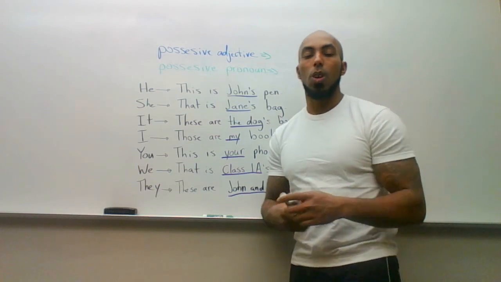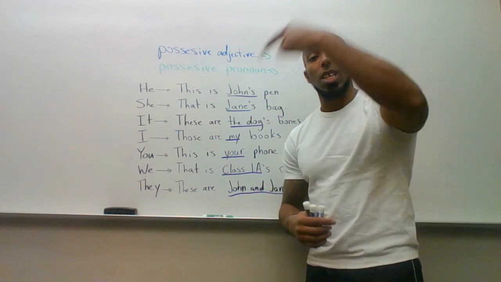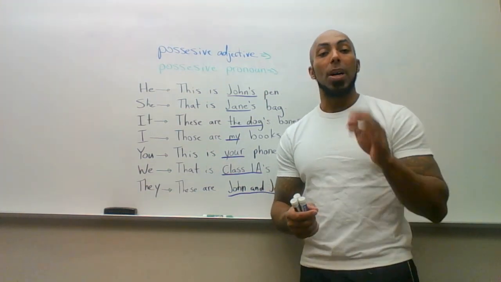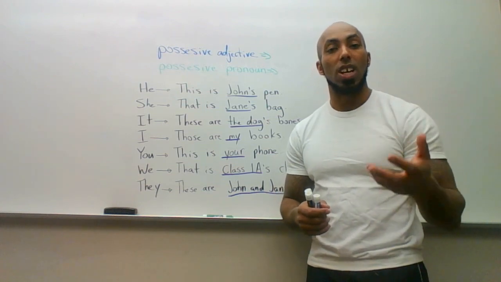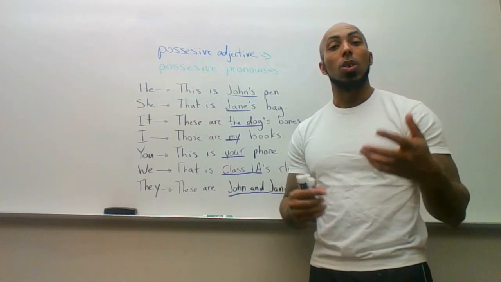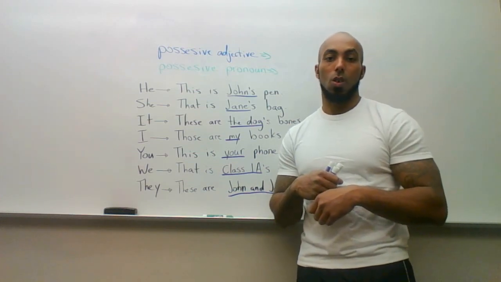Now, remember, we saw that the subject is usually at the beginning of a sentence. But these are different because we're showing possession, or we're telling you that somebody has something, okay?